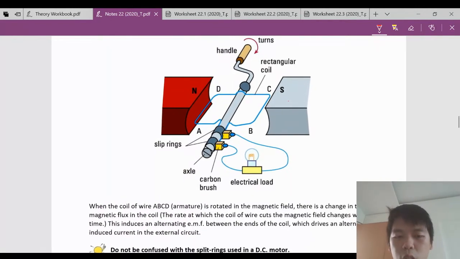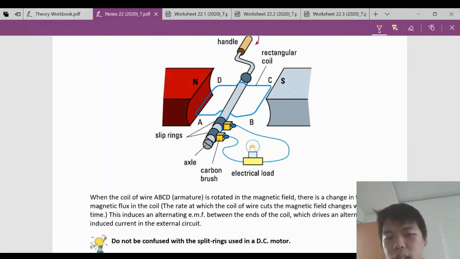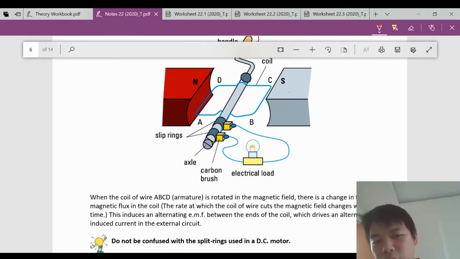So when the coil of wire ABCD, or what we call an armature, ABCD, is rotated, when you exert a force to rotate it, there is a change in the magnetic flux in the coil. So the magnetic field that is generated by two magnets will actually be cutting the coil, and then the amount that's going through the coil will vary.